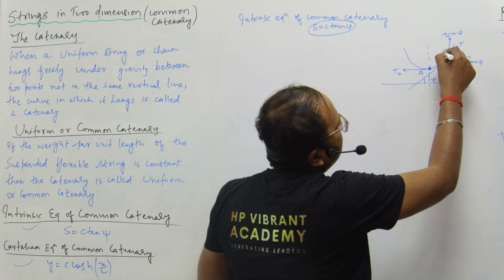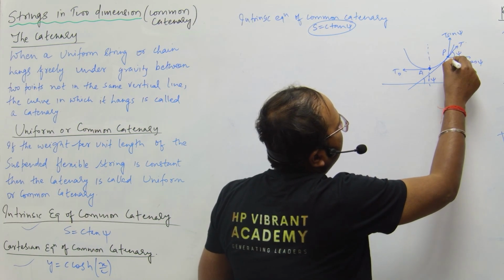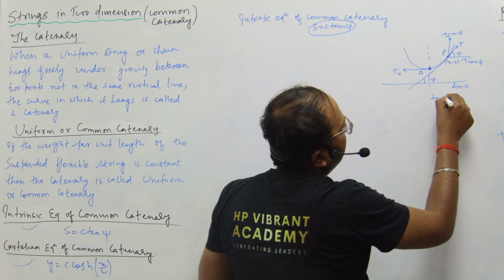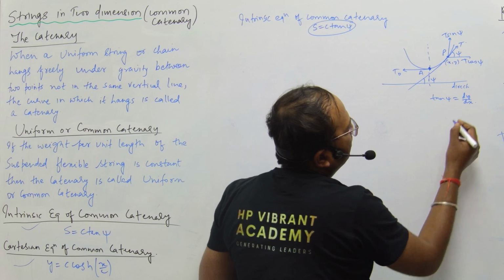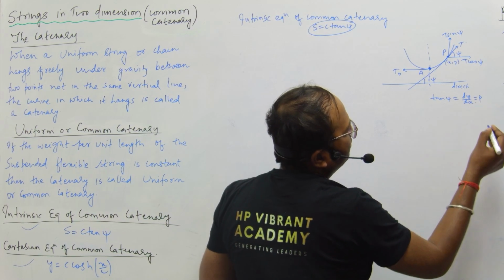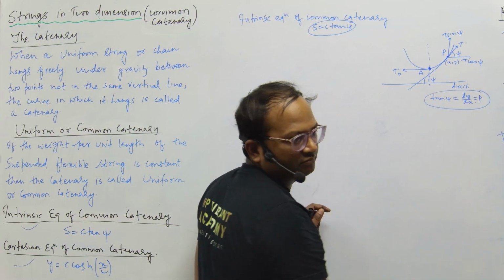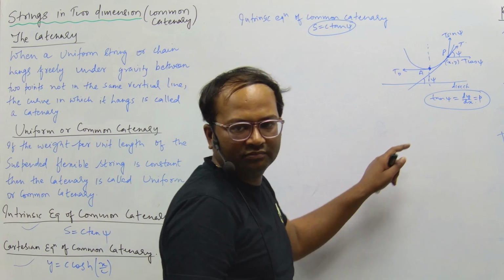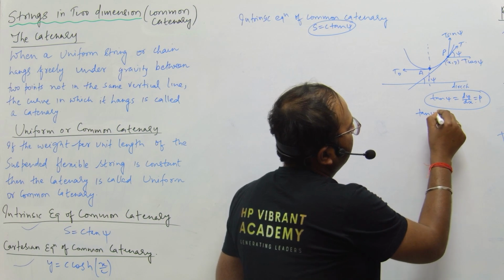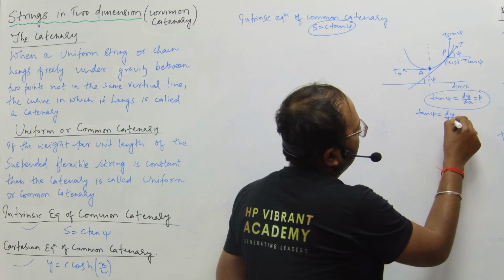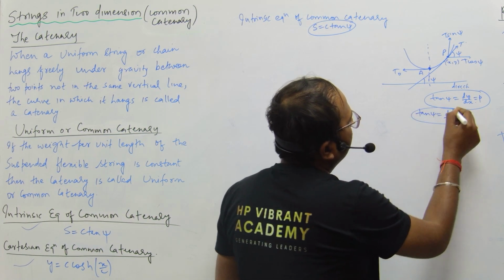Let us consider this point P as x, y. So tan psi is equal to dy upon dx, and let us take this as small p.